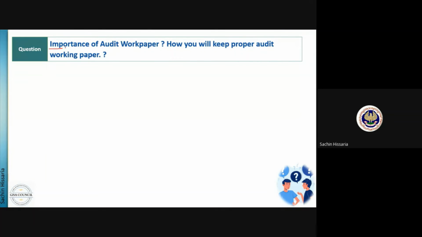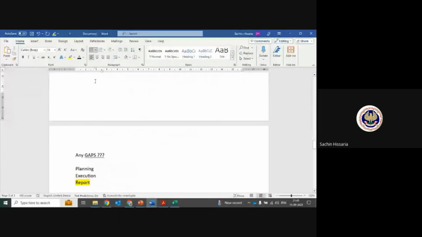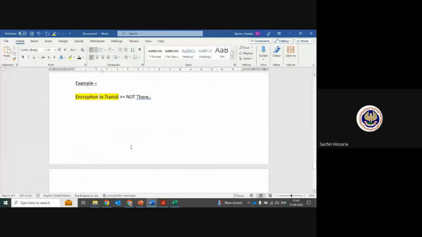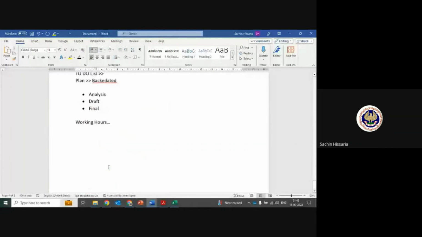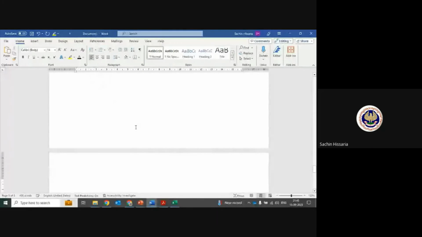Because whatever audit we are performing, we should have appropriate supporting evidence. If you are writing something in the audit report observation, you should have some audit working paper to support your observation.